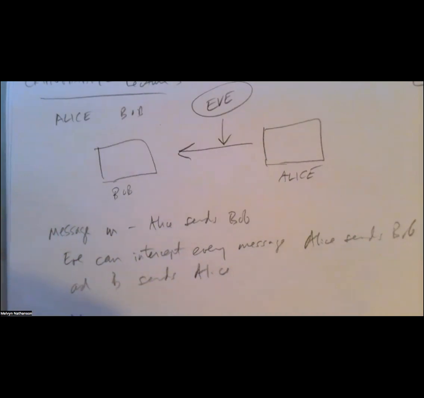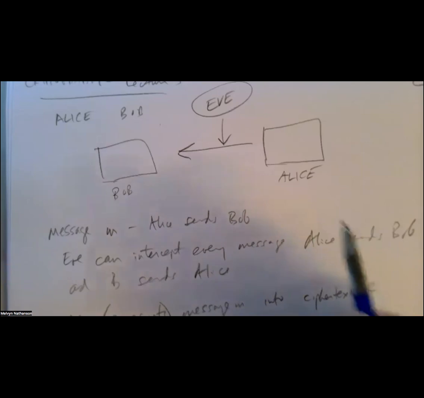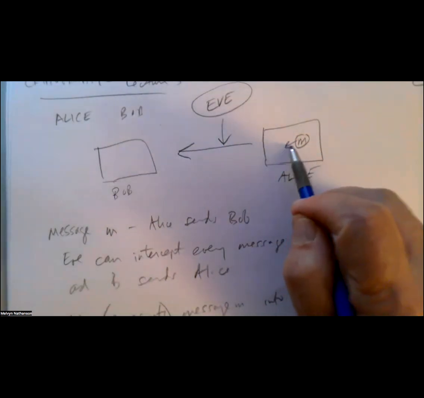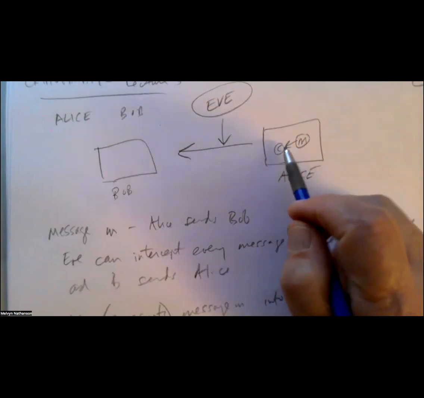So Alice encrypts or encodes the message M into what is called ciphertext, C. So the message that Alice wants to send Bob is M, but she converts it to some C, and she transmits C to Bob.